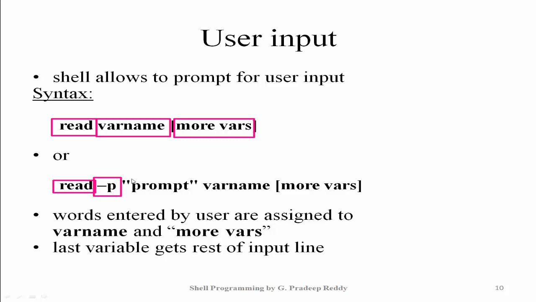So now we specify the prompt and store the input in a variable name, so that whatever values you enter on the prompt or terminal will be read by read -p, where it is going to store them under the variable name. Words entered by the user are assigned to the variable name and more variables. The last variable gets the rest of the input line.